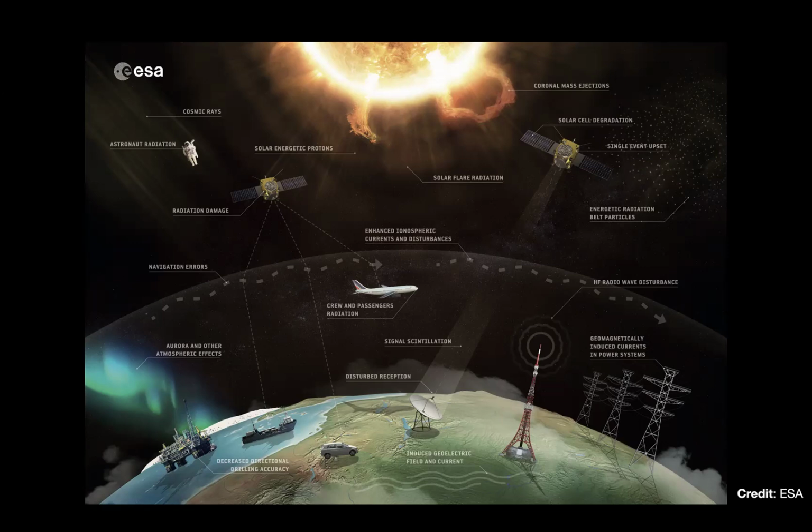But it can also be more directly dangerous for crew and air passengers. It's not dangerous to fly once in a while through a solar storm, but it's more important for crew and pilots that regularly fly through polar regions where you can have such effects, and especially for astronauts being well outside Earth's atmosphere and in some cases outside Earth's magnetic field as well, and can be very, very exposed to space weather events.